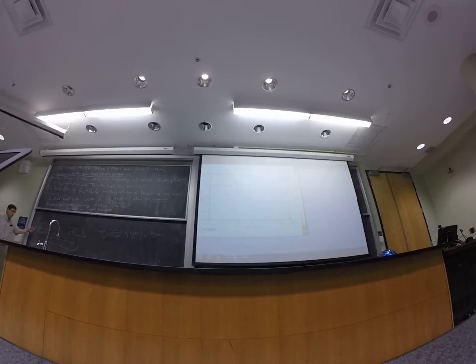It's a transfer function of a PI controller with KC 3. Is that the correct sign for KC? Since it's open loop stable, the sign of KC should be the same as the sign of G of 0. Should be positive, right? So what's the sign of G of 0? If you put S equals 0 on this, what do you get? Plus 1. Plus something. So G of 0 is positive.